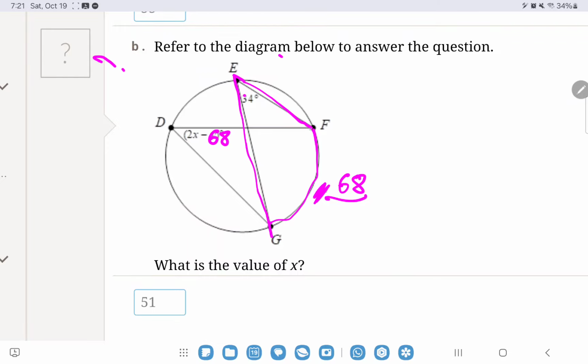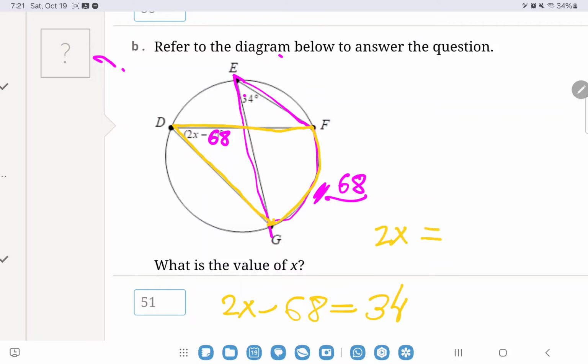Now we know that this angle is half the intercepted arc, which is 68. So 2x minus 68 equals 34.